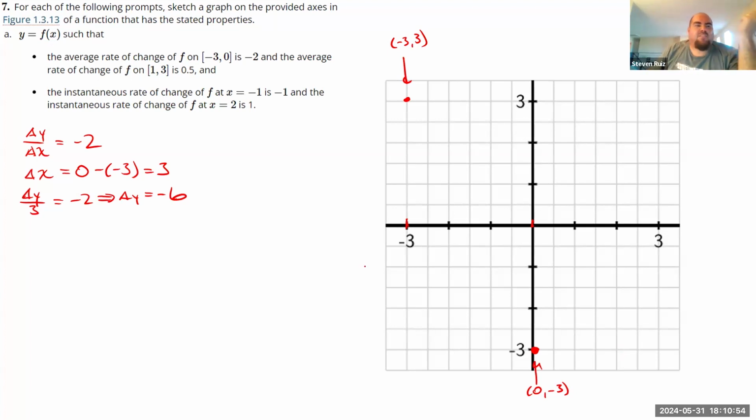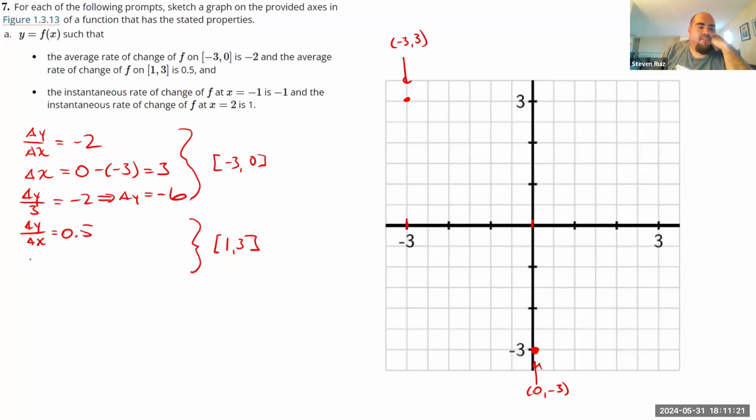Now I want to do the same kind of calculation for the other interval, from 1 to 3. So make a note here: this right here is from -3 to 0. I want to do a similar calculation from 1 to 3. From 1 to 3, I want delta y over delta x to be 0.5.